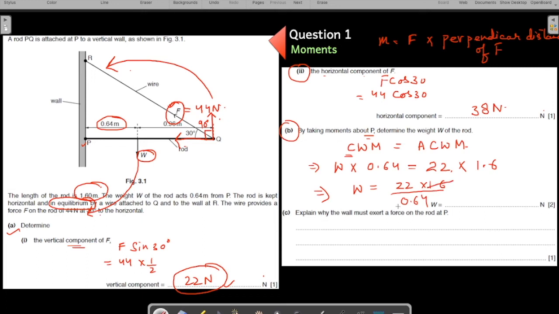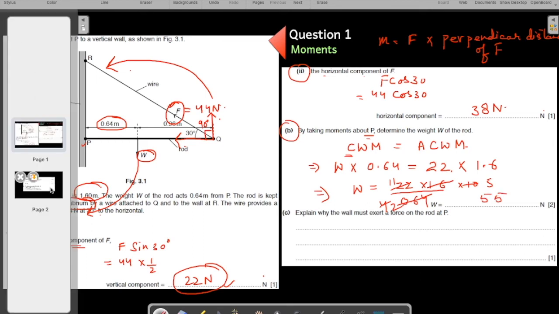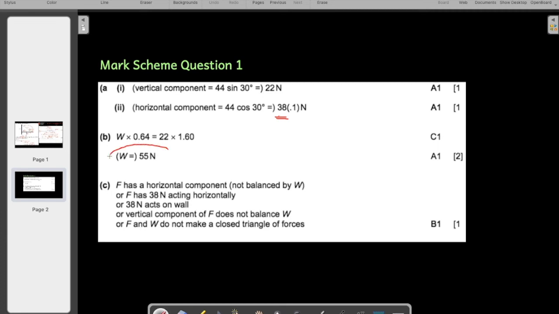So this goes 4 times or times 10. So 2, 5, 11, 55. 55 newtons. Let us tally with the mark scheme. Yes. So we are correct.